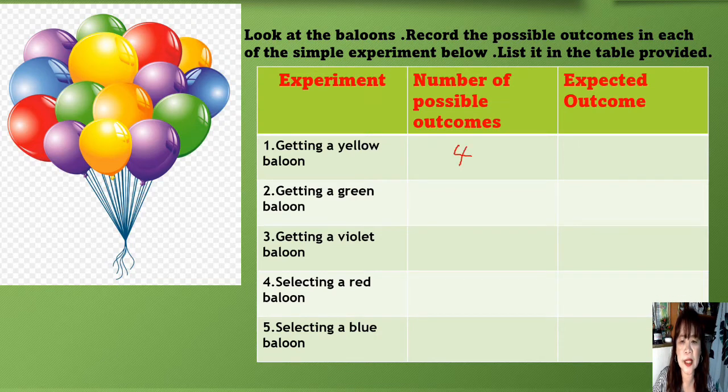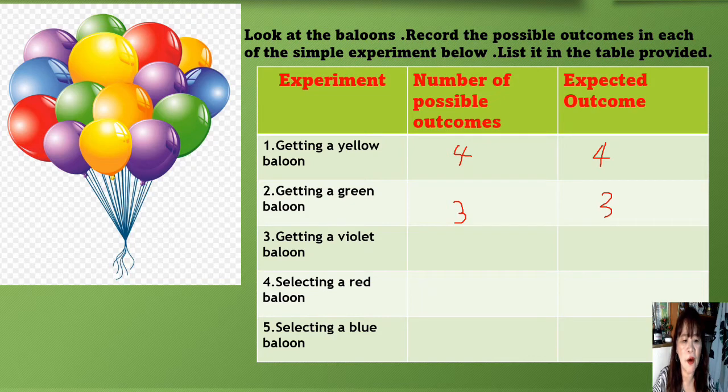And then the expected outcome is also 4 because there are 4 balloons. The next one, getting a green balloon. Let us count. 1, 2, 3. So the number of possible outcomes is 3. And then the expected outcome is also 3 because there are 3 balloons.